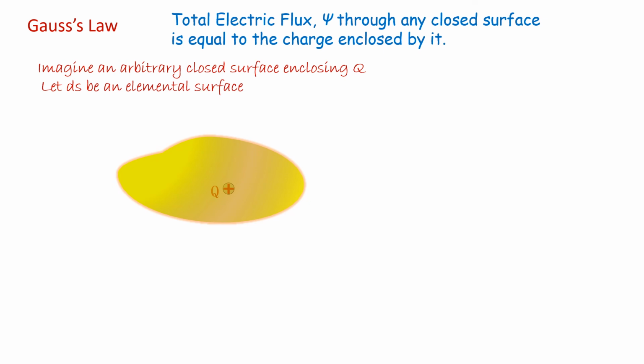Let dS be an elemental surface on this closed surface. The direction of this dS is the normal to this elemental surface. The vector D bar will be oriented radially outward through this surface. Theta is the angle made by this D bar with the dS direction.